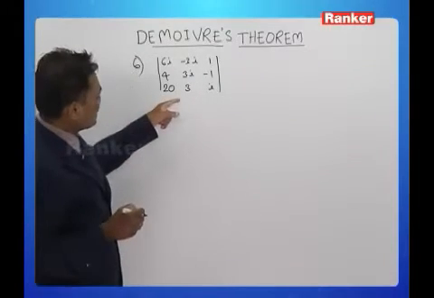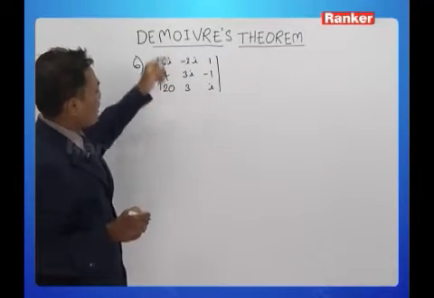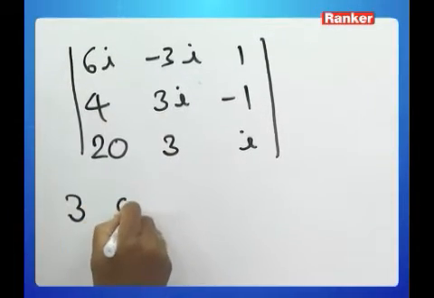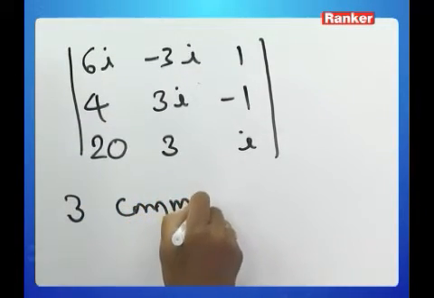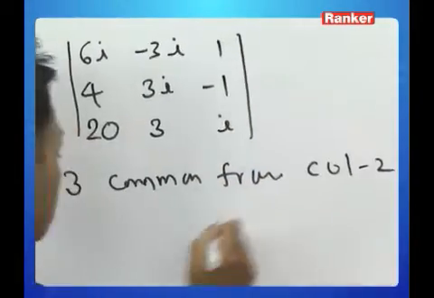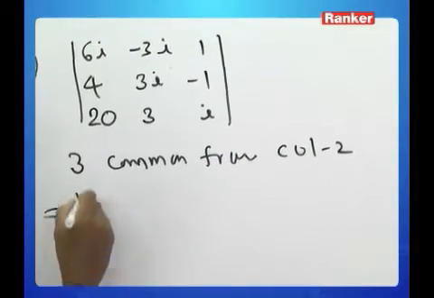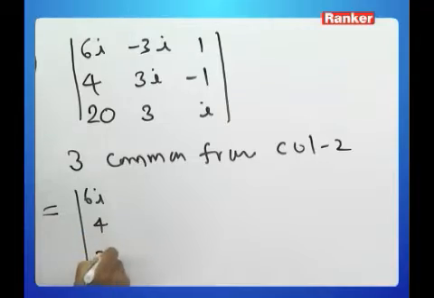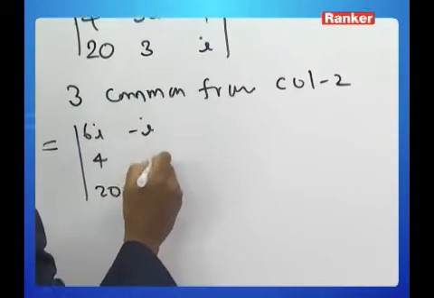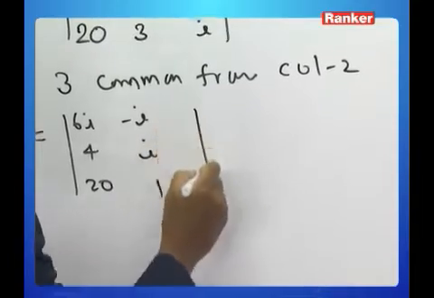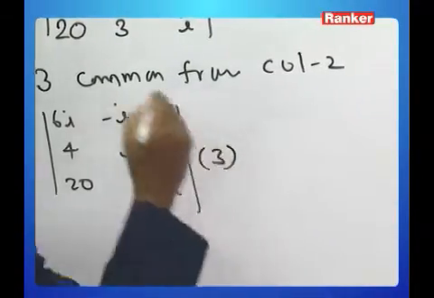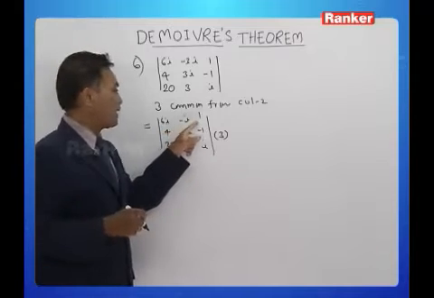Now, let us take 3 common from column 2. Now 6i, 4, 20. After taking 3 common, minus i, 1. Now here minus i, here 1.